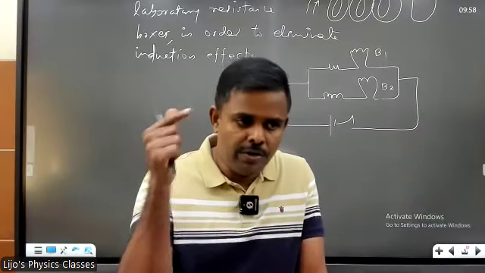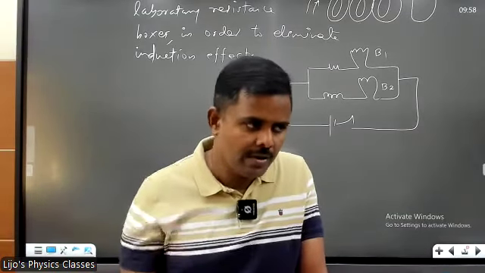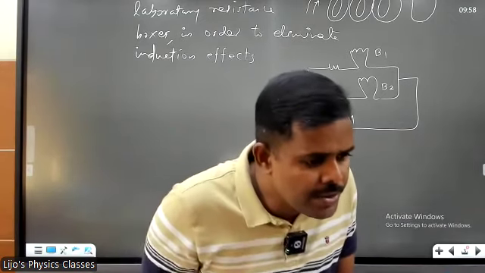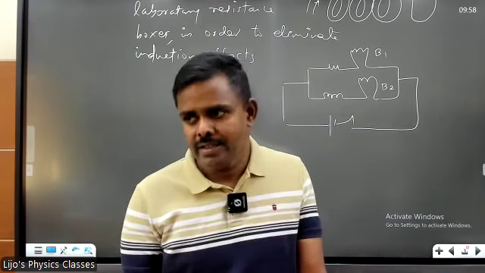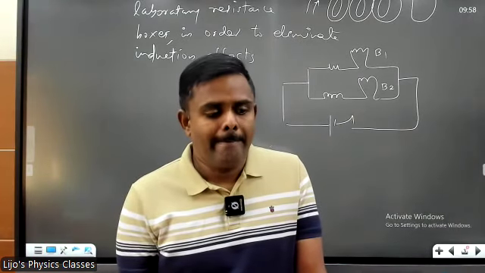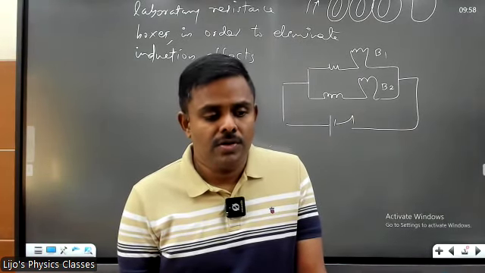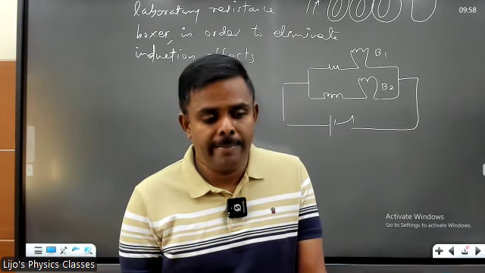Switching on. When do we have decay? Switching off. Got it? In the case of bulb B2, when there is growth or decay of current, inductance opposes them.